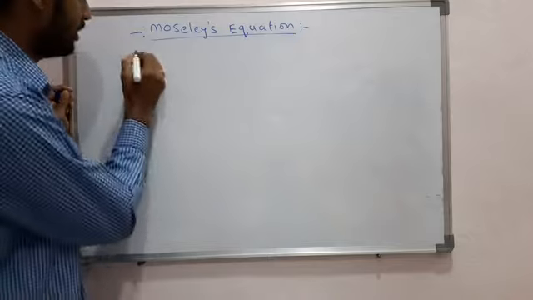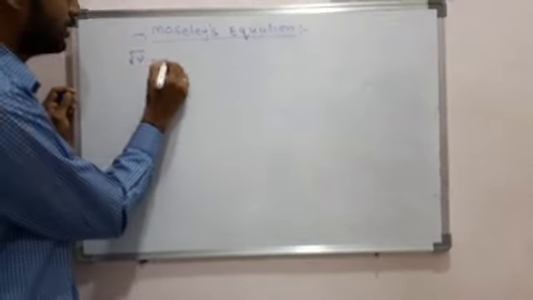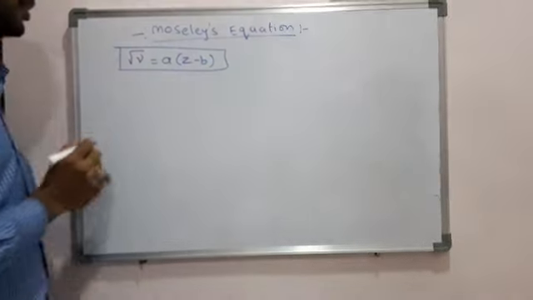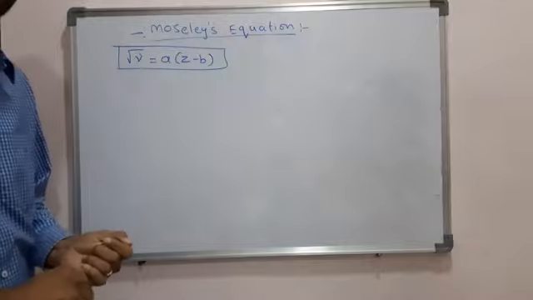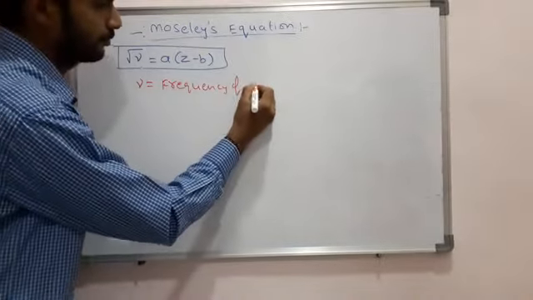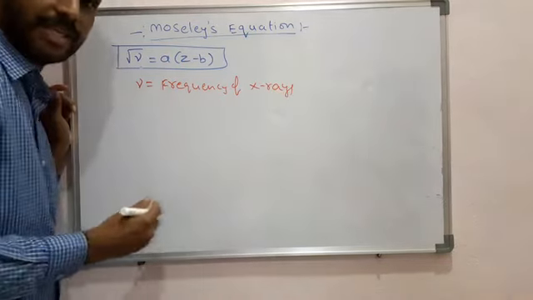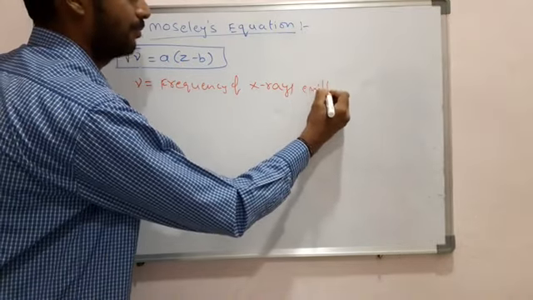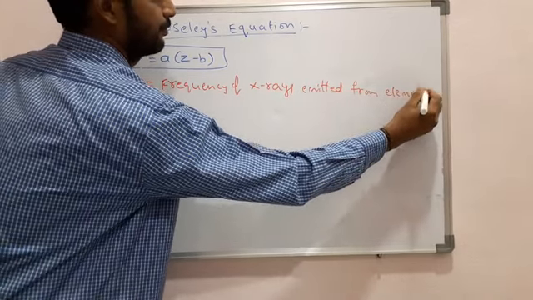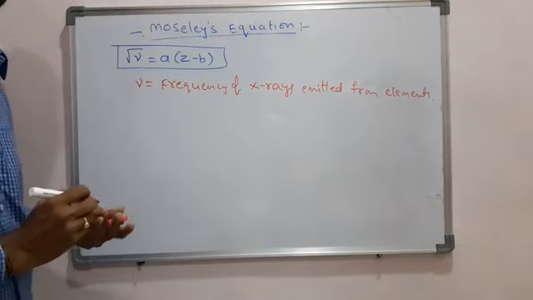Moseley's equation is root nu equals a into (Z minus b). In this equation, nu is the frequency of X-rays emitted from elements.